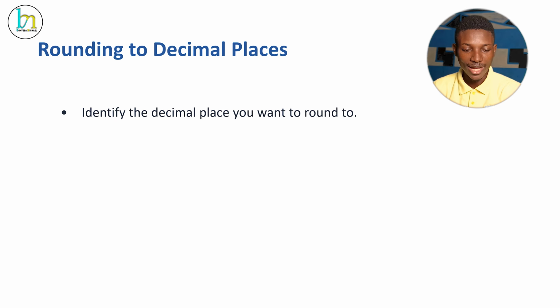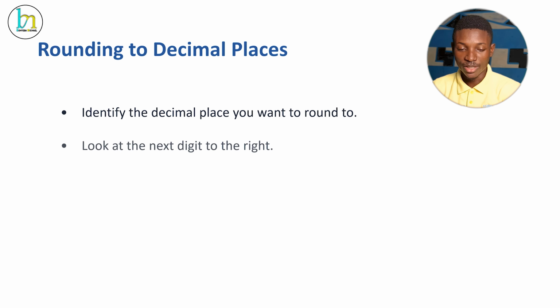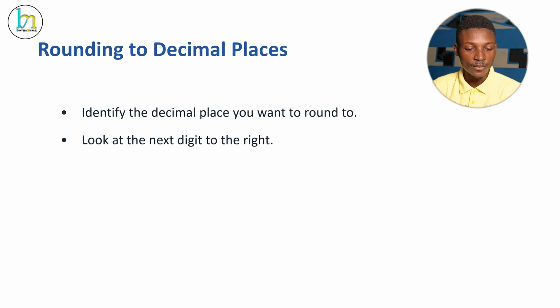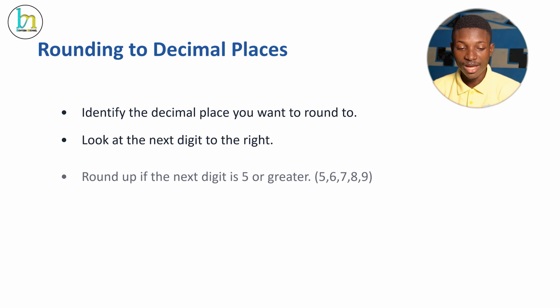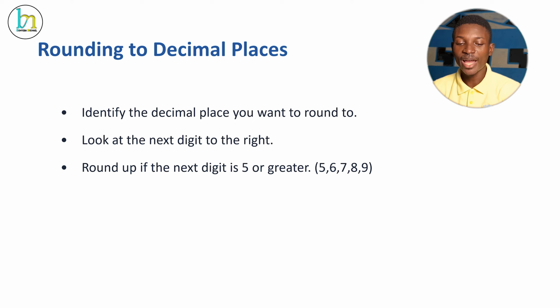The first bullet is to identify the decimal place you want to round to. So the steps are similar to those for significant figures. We look at the next digit to the right. The same thing. We round up if the next digit is 5 or greater. That is, we have 5, 6, 7, 8, 9.